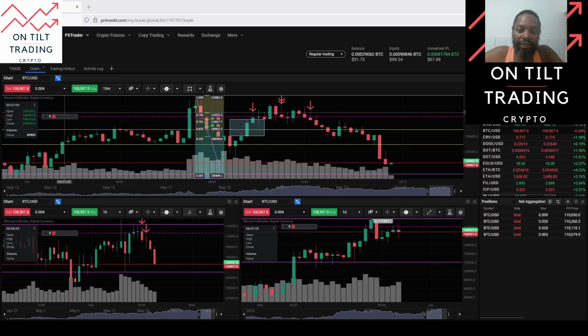I've moved all of my stops based on market structure. Based on current market structure on the 15, this is the current strong high, and this is the current weak low. I'll show you my stop loss.